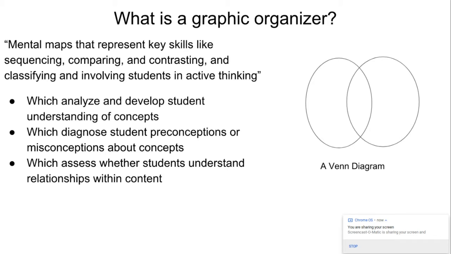They diagnose student preconceptions or misconceptions about concepts, and they assess whether students understand relationships within content. You will see here, this is an example of a Venn diagram. It is one of the graphic organizers that I will be talking about.